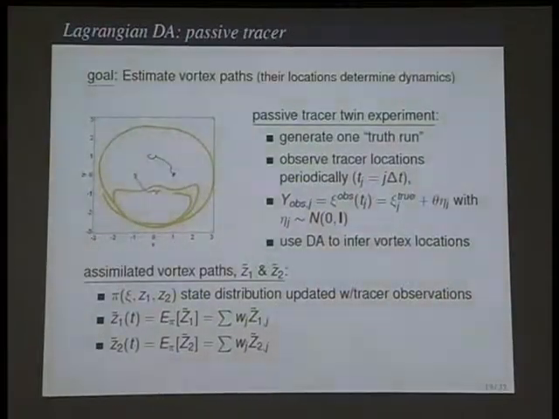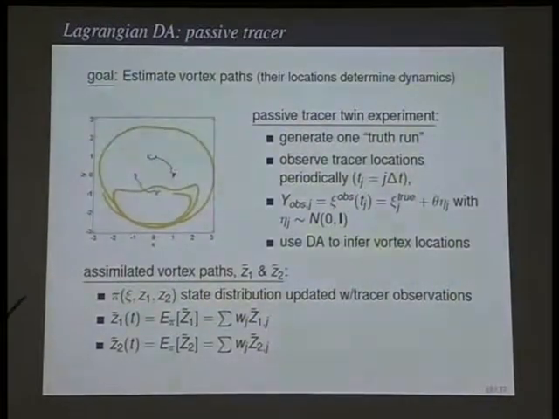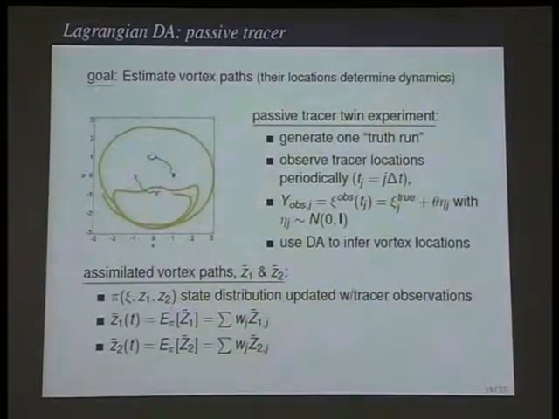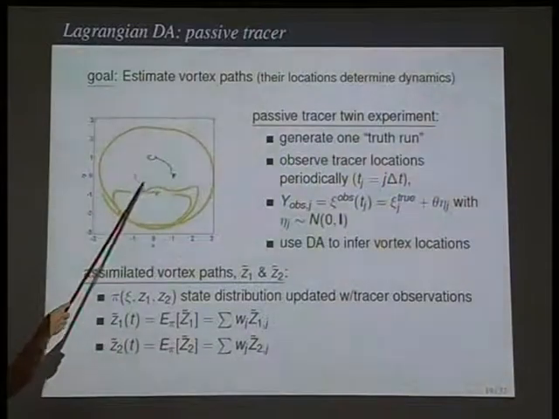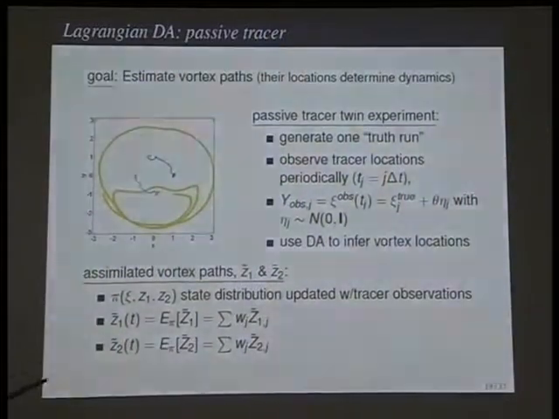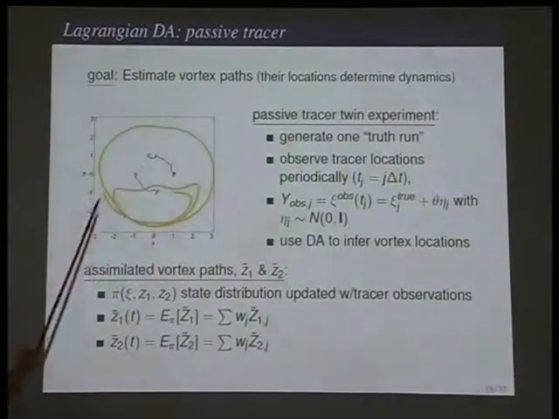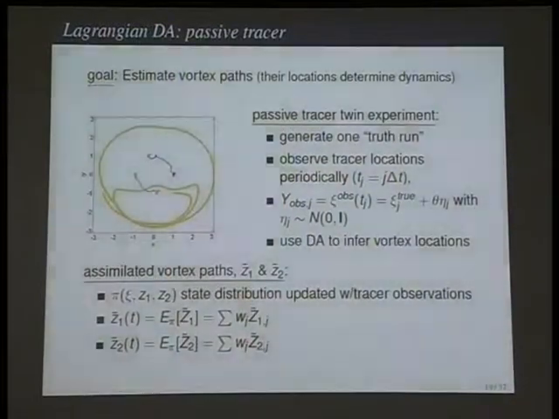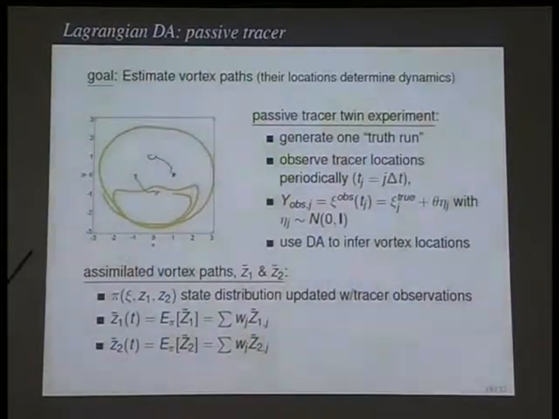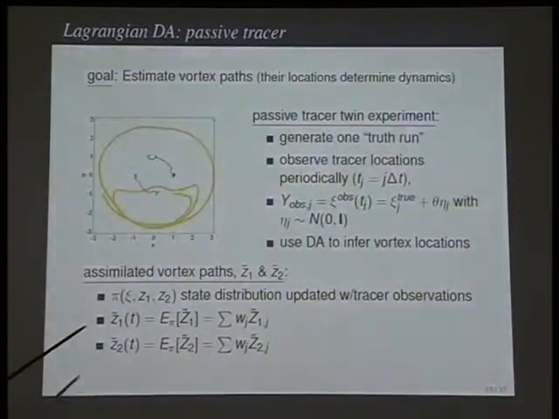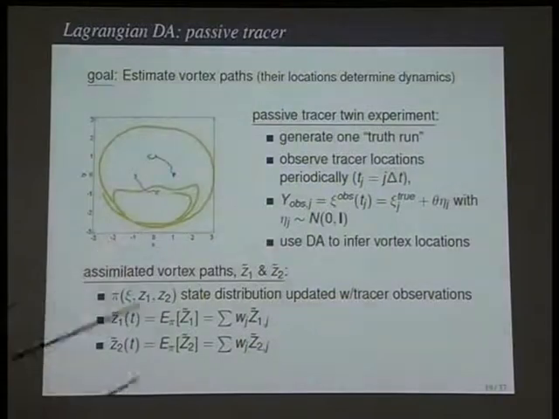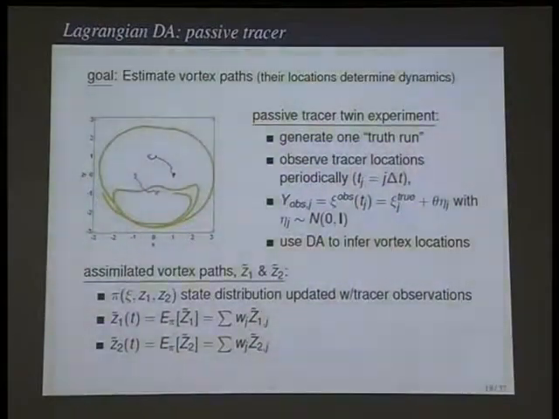Okay, so let's think about Lagrangian data assimilation. When the system is noisy, those vortices don't stay fixed. They take some random walk, and then they're feeling the pull of the other one, so they maybe take an interesting path. And the goal of this isn't to observe the velocity in the fluid field. It's to observe tracer locations where a tracer is being passively affected by this field.